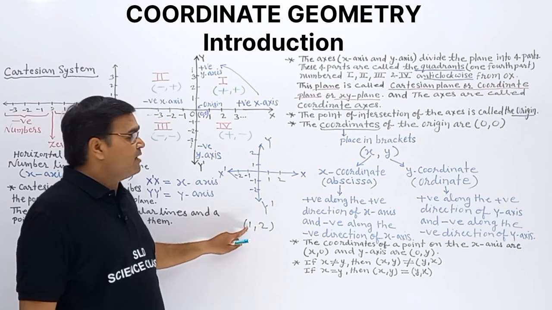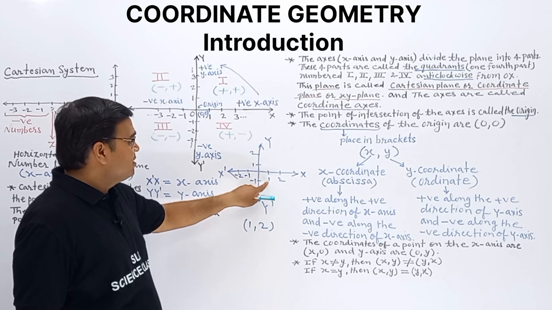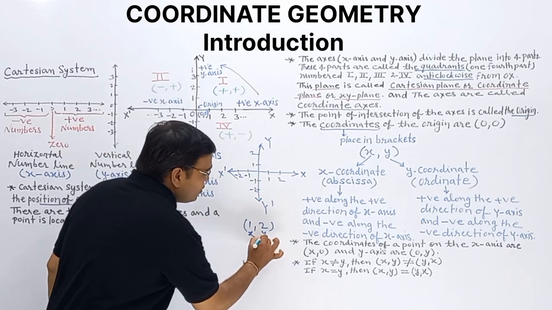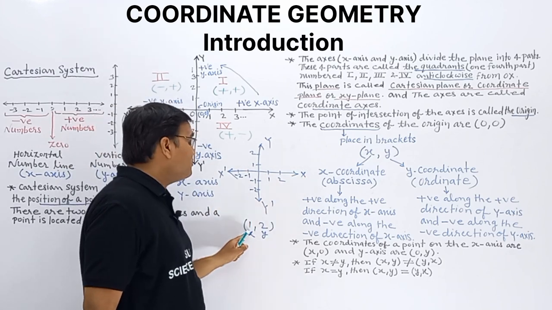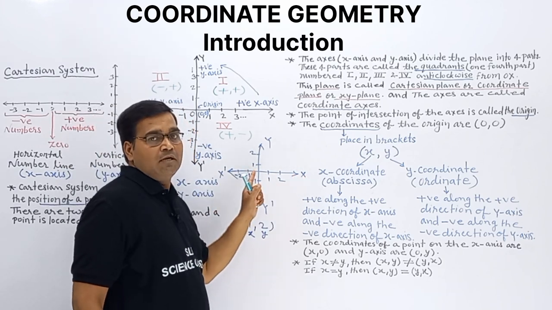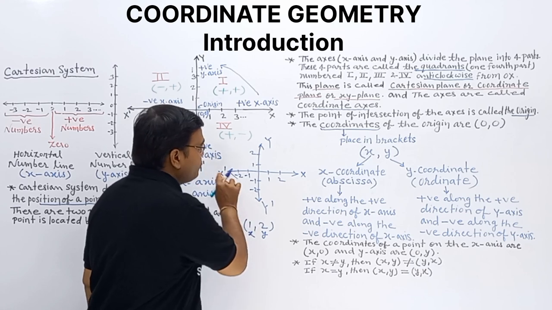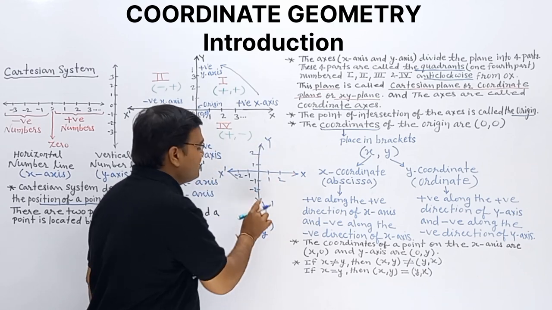1 is positive, so it will be on the positive axis. First we take the x axis: the first number, the x coordinate, we use the x axis, and the y coordinate we use the y axis.